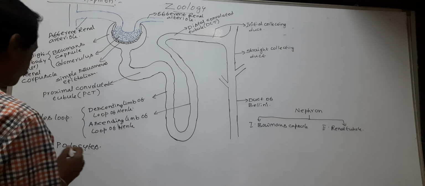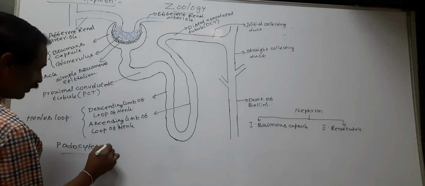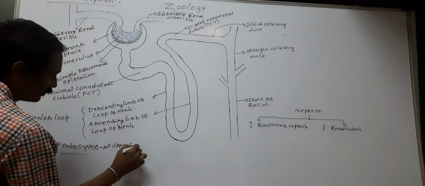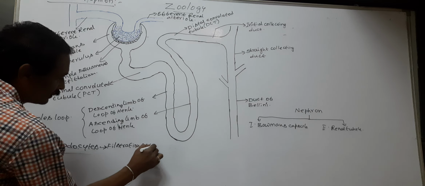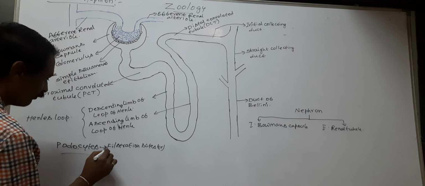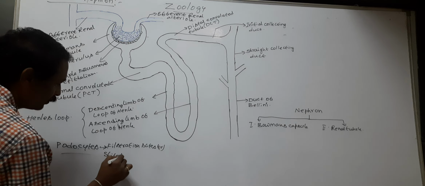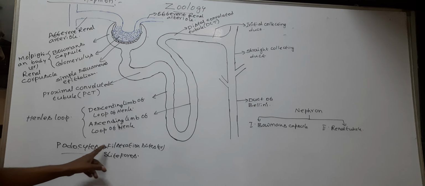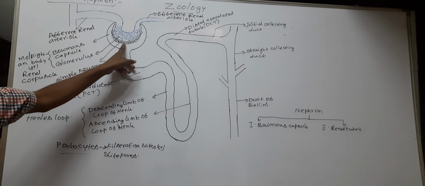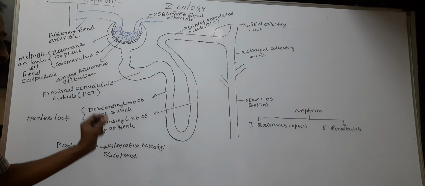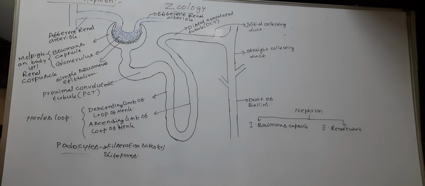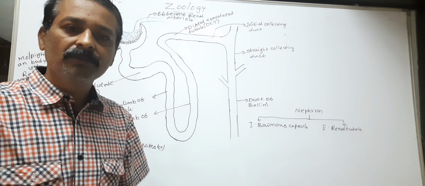These are called filtration slits or slit pores, which help in filtration of blood.